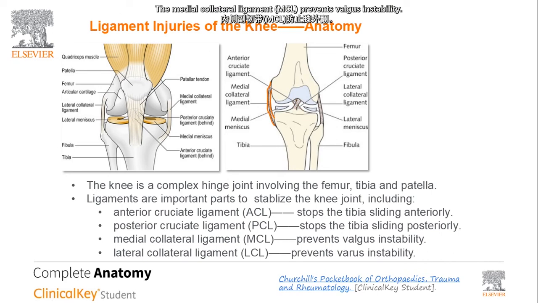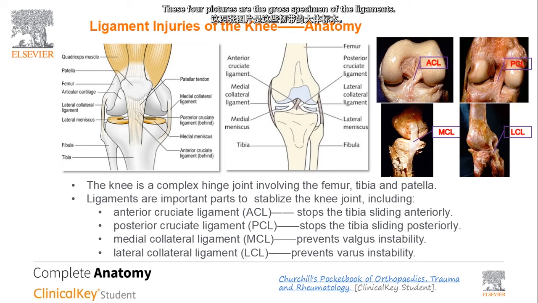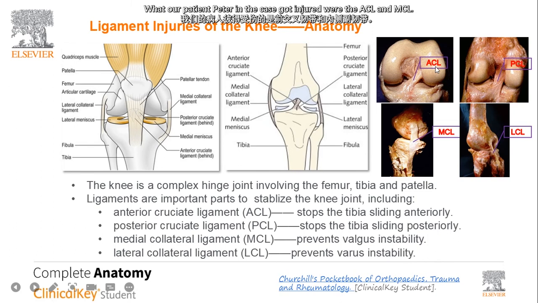The medial collateral ligament, MCL, prevents valgus instability. The lateral collateral ligament, LCL, prevents varus instability oppositely. These 4 pictures are the gross specimen of the ligaments. What our patient Peter in the case got injured were the ACL and MCL.